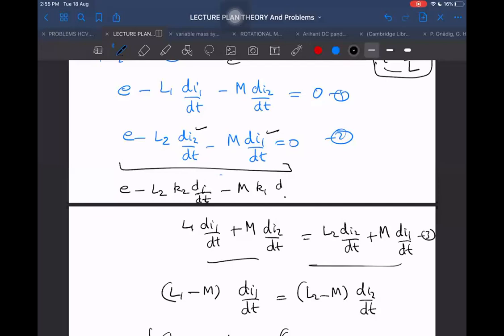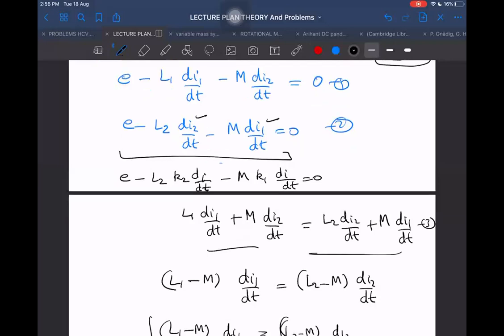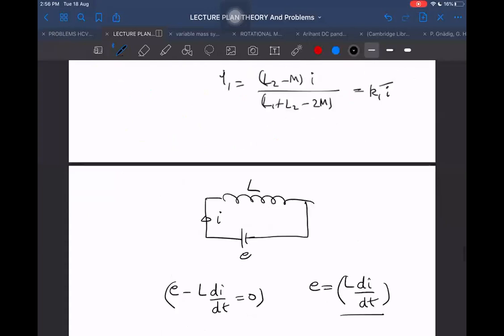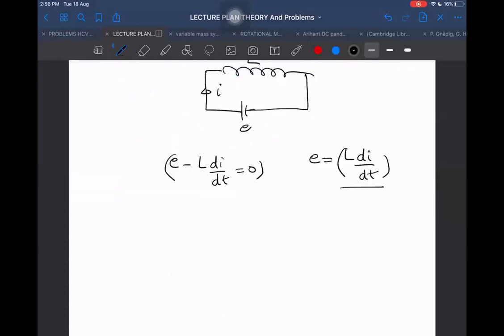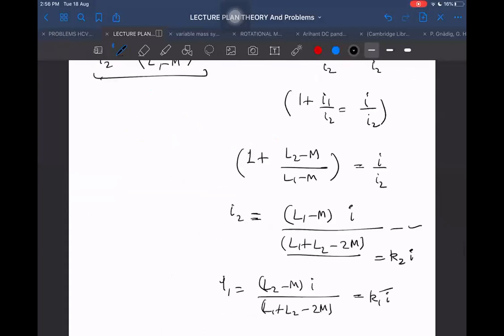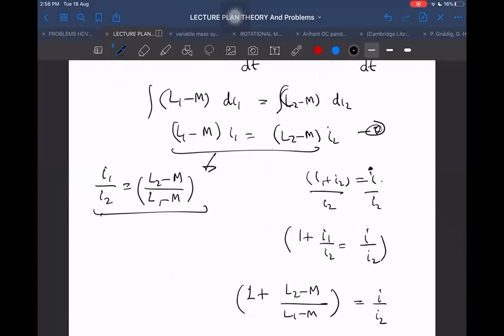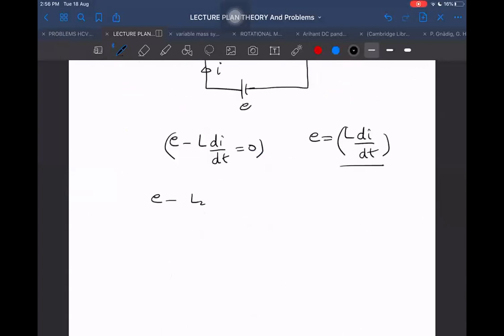Here also di by dt is equal to 0. So now we are getting L2 K2 and M K1. So finally I can write this thing as E minus L2 K2 minus M K1 into di by dt is equal to 0.